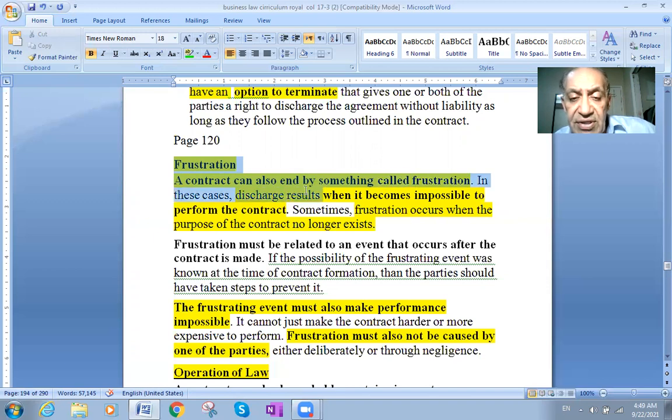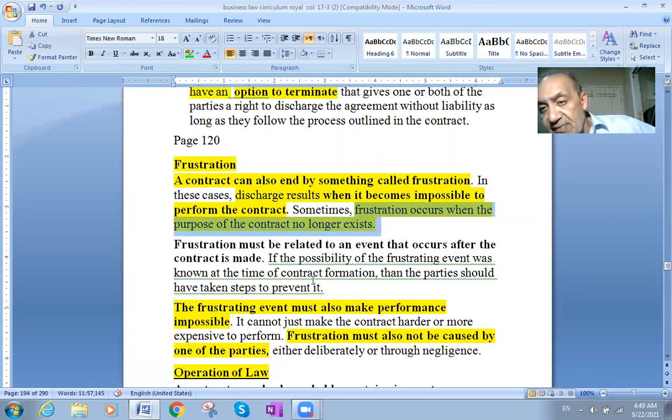In this case, discharge results when it becomes impossible to perform the contract. So if we make a contract about something and after we sign it, it becomes impossible to do, this is called frustration. Frustration occurs when the purpose of the contract no longer exists. For example, we signed a contract, and all of a sudden something happened, like a natural disaster, that makes it impossible to continue the contract. In that case, we call it frustration.